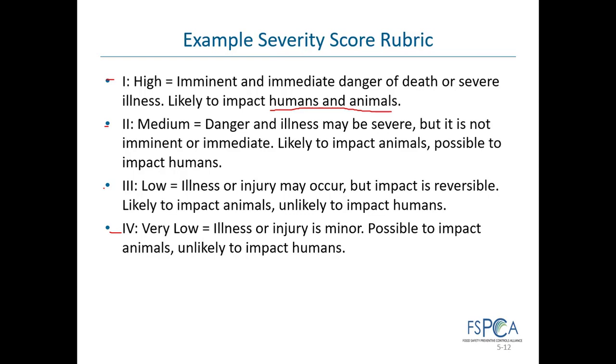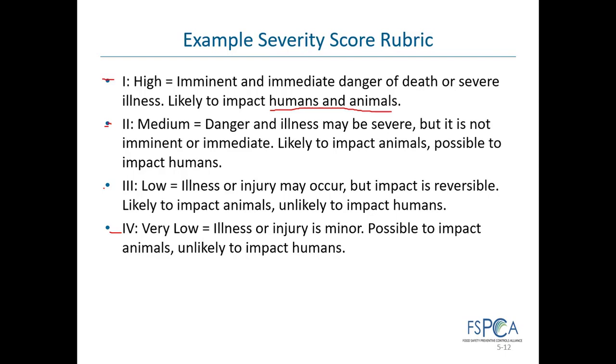So this is what ABC Feed Mill and ABC Pet Food have decided to use as their language for their severity score rubric. You are welcome to change this language however you see fit. That's your business decision to decide what this language is going to look like. You are also welcome to use a different tier system. You don't have to use 4 rankings.